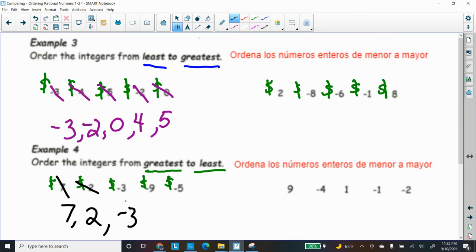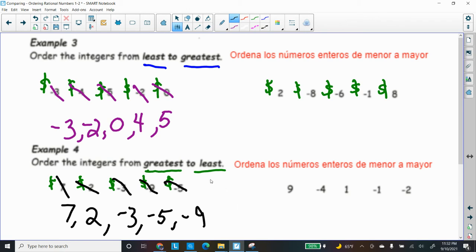Because owing $3 is better than owing $9 or owing $5, and we want the greatest one. So the next biggest would be -5. Because owing $5 is bad, but owing $9 is even worse. So there is your order. So we order them from the biggest to the smallest, or the worst.